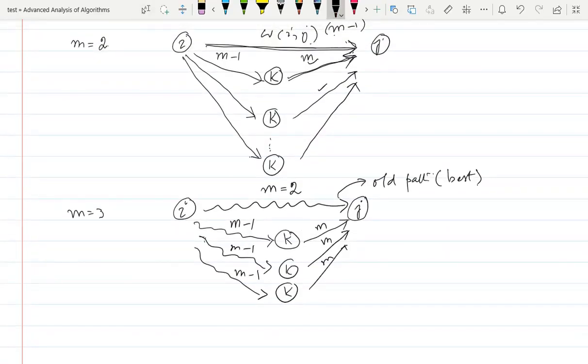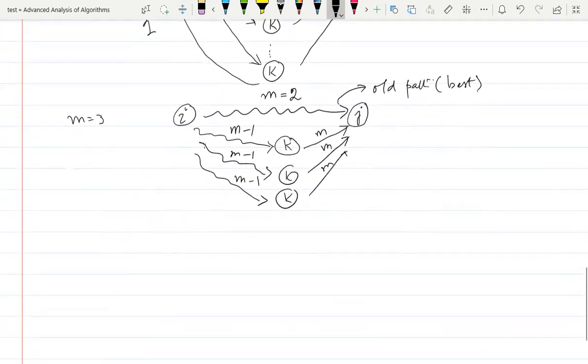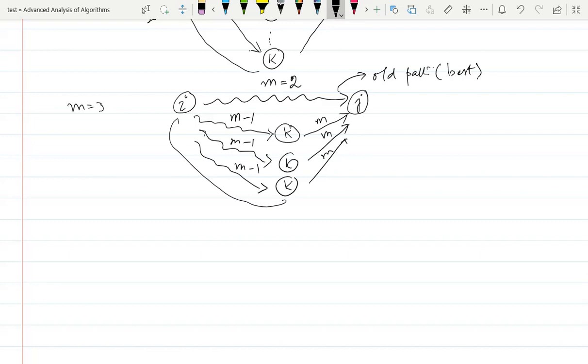So remember that in this case m minus 1 is 1, in this case m minus 1 is 2, and so on and so forth.